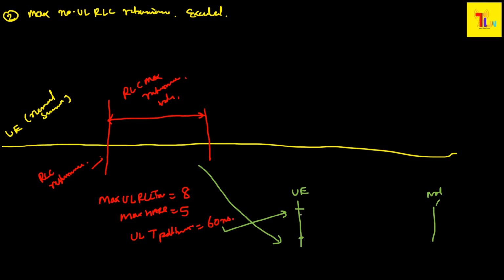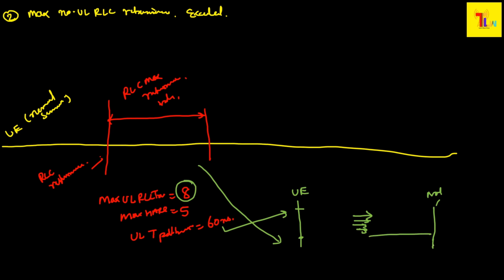If it is trying to send and at a particular layer, the MAC layer, it is not able to send, then in this time it will go through multiple retransmissions, and the maximum retransmission count is 8.